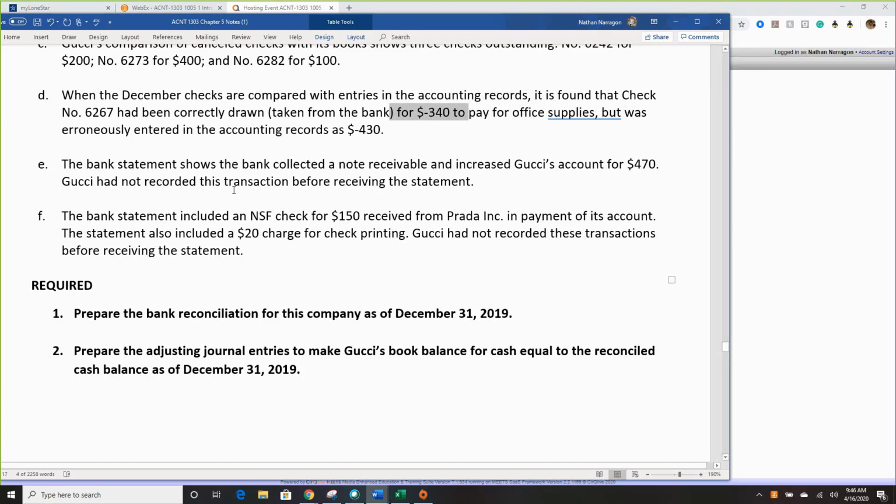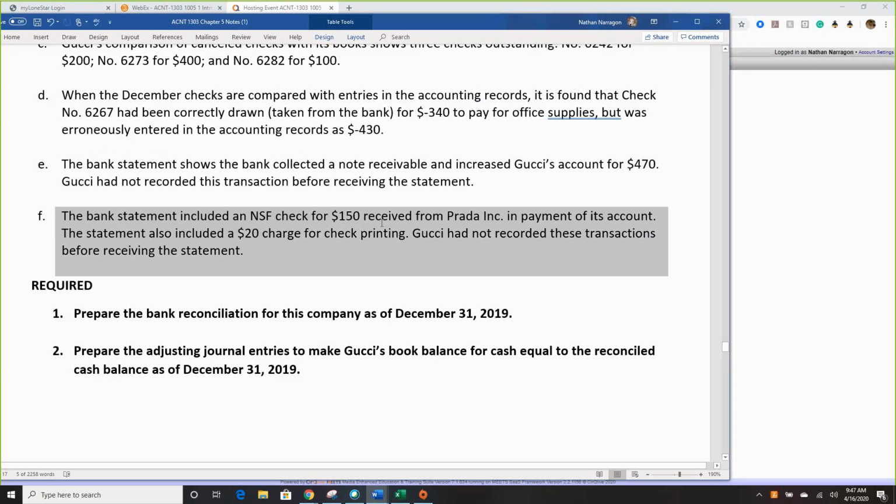Next was bank collected on note receivable. That's key right there, because it tells us which account we're working with, to increase Gucci's account for $470. It already told you that it didn't record, so that helps us out. The bank statement included an NSF check for $150 received from Candace of Prada Inc. in payment of its account.